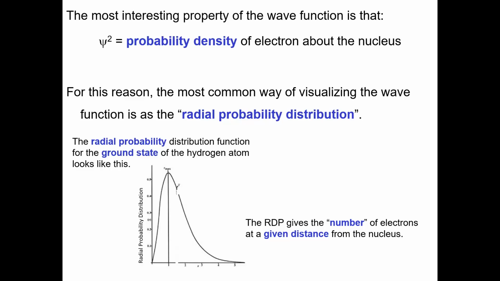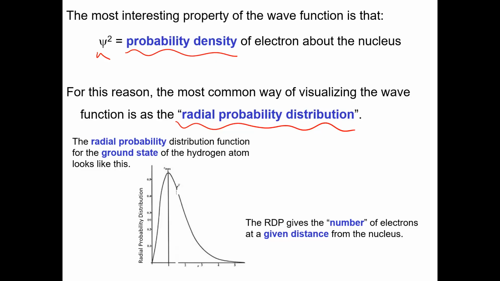The wave function is interesting because if you square it, you get what's called the probability density of the electron about the nucleus. That is, squaring the wave function tells you where the electron is located with respect to the nucleus. For this reason, a very common way of visualizing the wave function is as what we call the radial probability distribution.